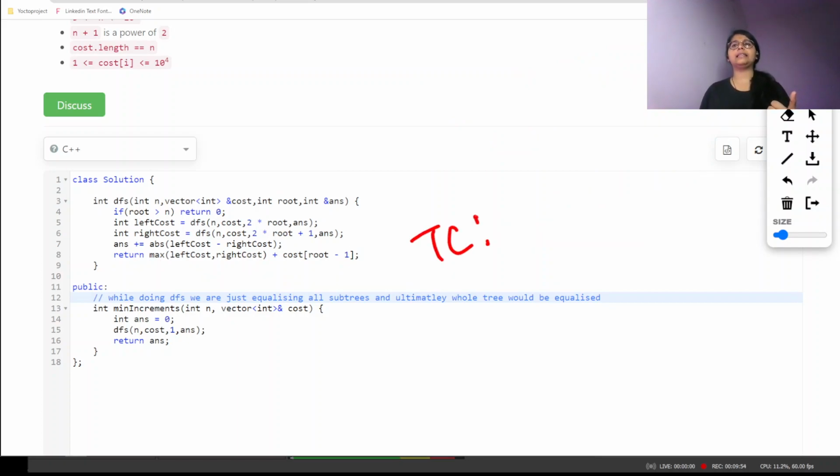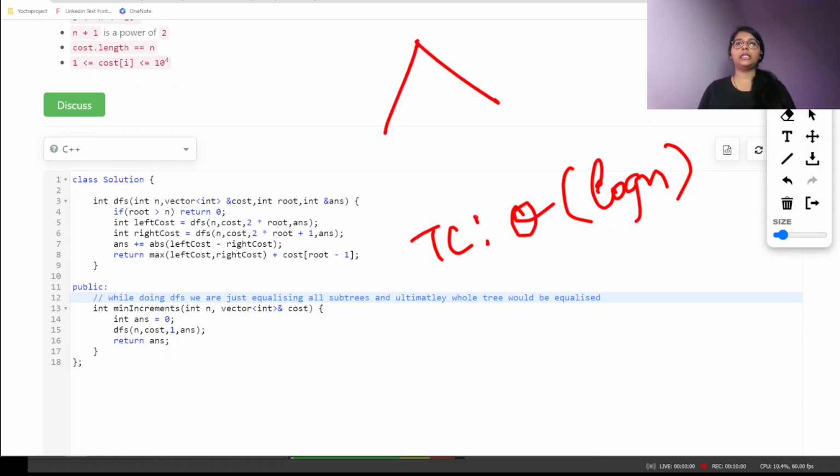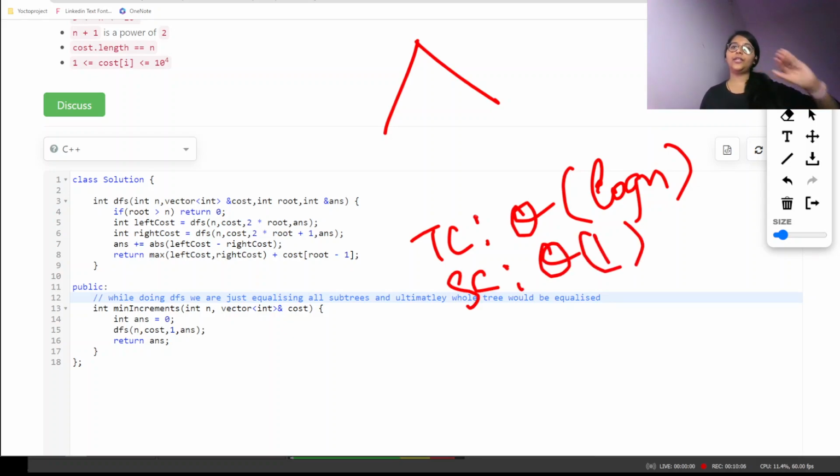The time complexity here is order of log n, because the tree is a perfect tree, right? And the space complexity is order of 1 only. But as we are doing the DFS, if we include that recursive stack, then surely it will become log n.